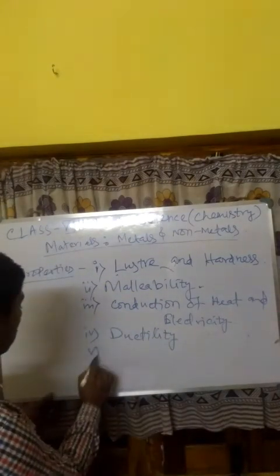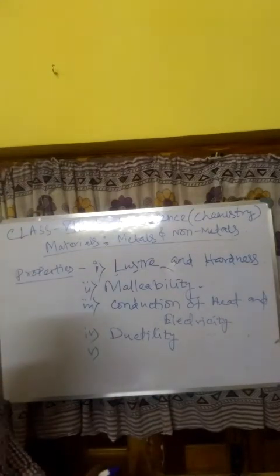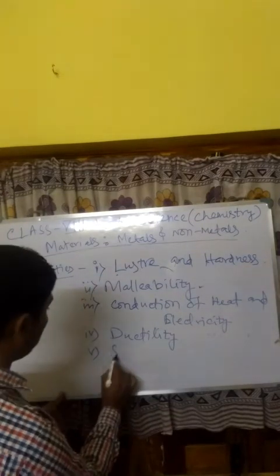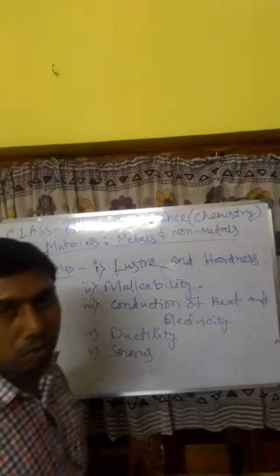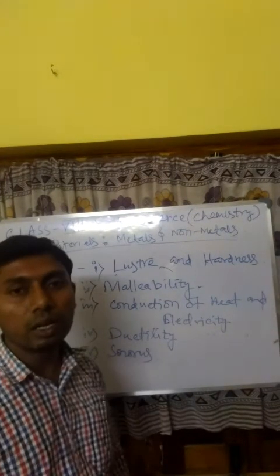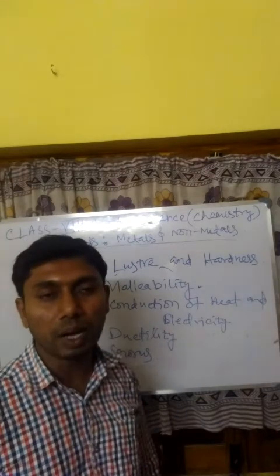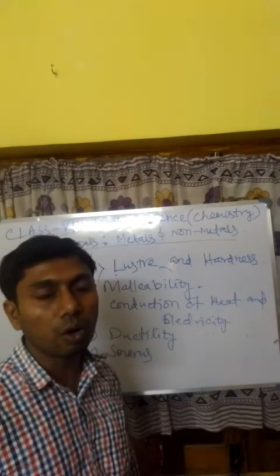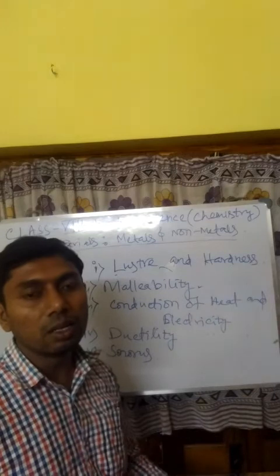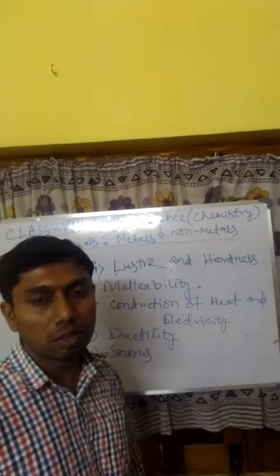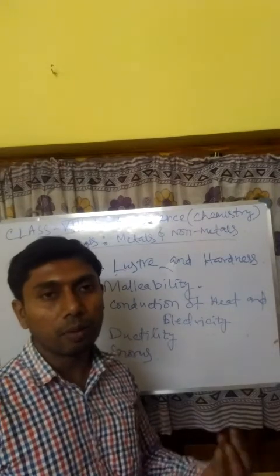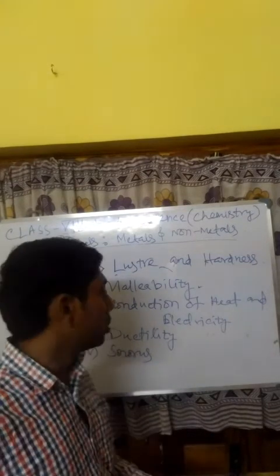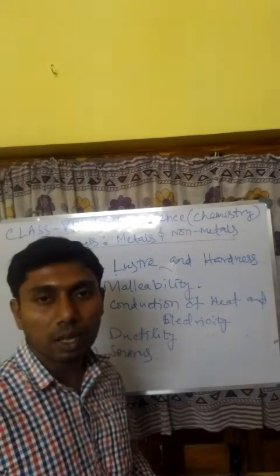Another one, that is sonorous. What is sonorous? When a material is struck by another material, then there is a sound. If this sound is inaudible, then it is called non-sonorous.